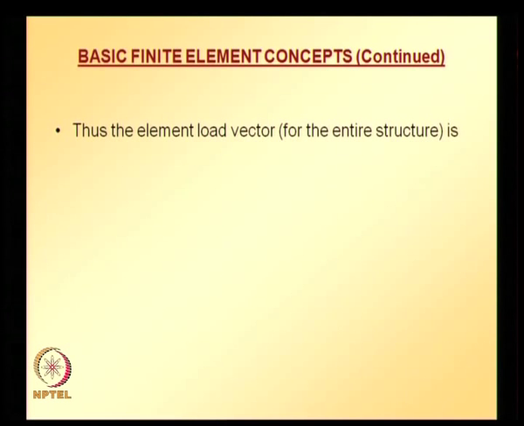So, the element load vector is in the local coordinate system at node 1. P of t is acting in the direction of the member, that is, in the direction of local node 1 to 2, or it is acting in the direction from node 1 to 4.